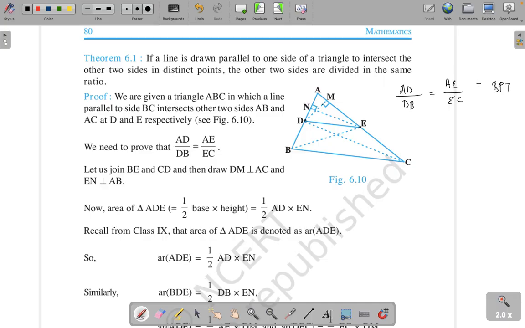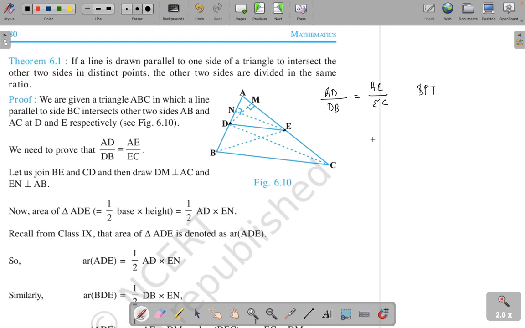So what is given? First of all, what is given? There's a triangle and DE is parallel to BC. So the first thing is ABC is a triangle, this is what you know. And then the other thing that you know is DE is parallel to BC, right?